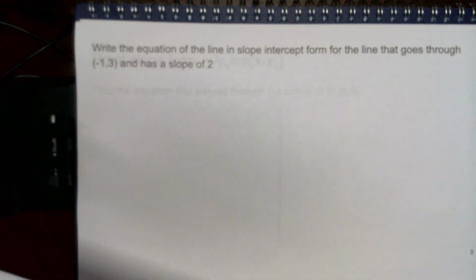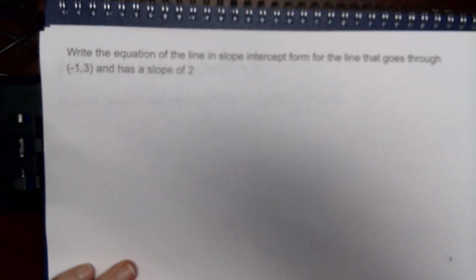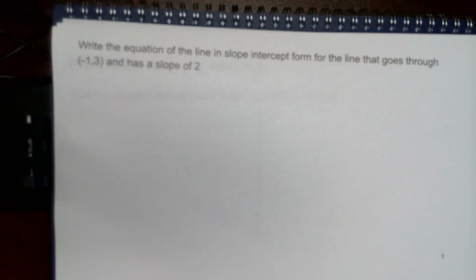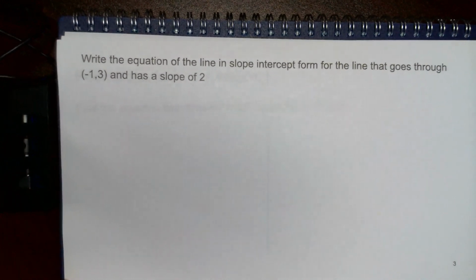So let's do another one. Write the equation of the line in slope-intercept form that goes through (-1, 3) and has a slope of 2.